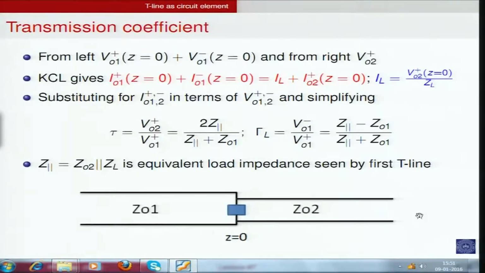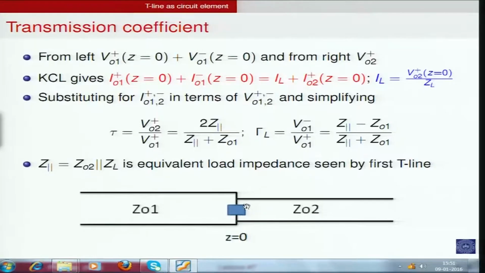That is given by 2 Z parallel by Z parallel plus Z01, and the reflection coefficient gamma L, which is the ratio of reflected voltage on line 1 to incident voltage on line 1, is given by Z parallel minus Z01 by Z parallel plus Z01. But what is this Z parallel? You can actually substitute all this and find that Z parallel is nothing but the equivalent impedance, the parallel combination of characteristic impedance Z02 with the load ZL.